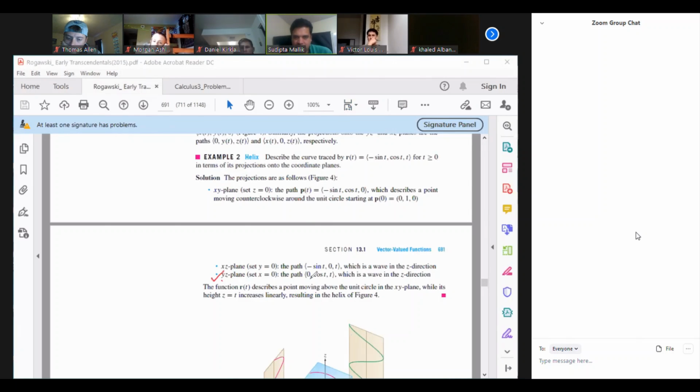Here y is cosine t and z is t. In other words, this is y equals cosine z. So if you look at the yz plane, you're right.